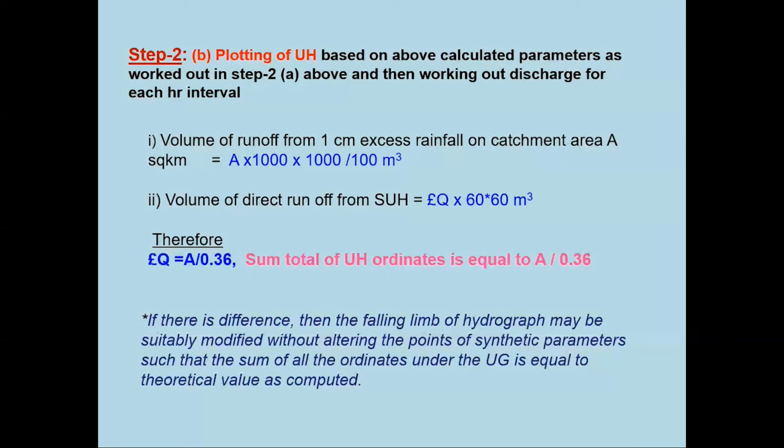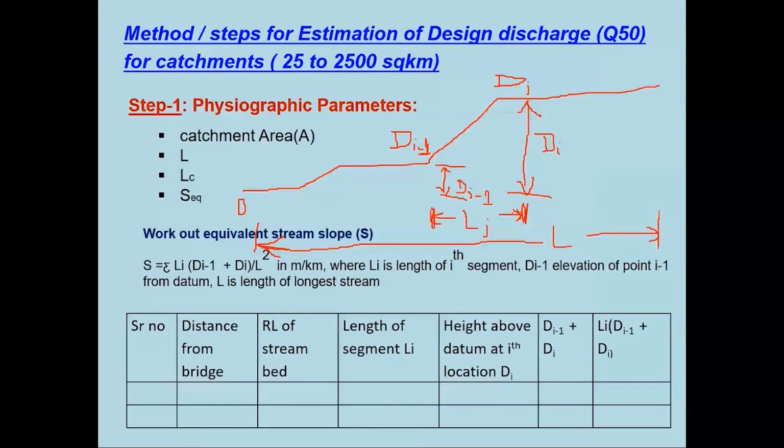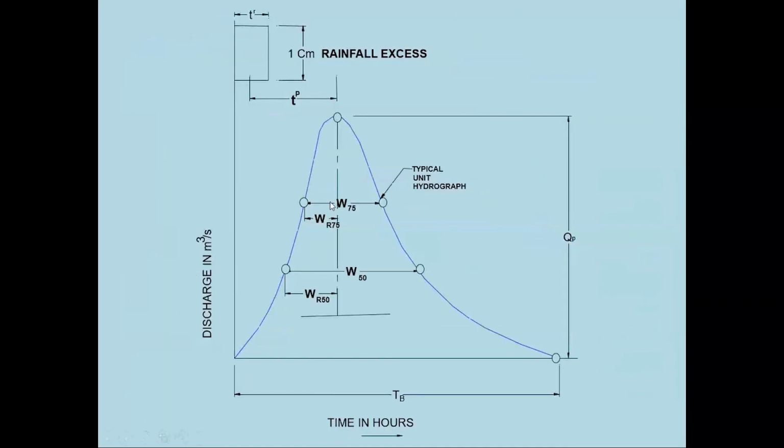And if I find that this is either more or less, or it is not matching, then I can change the unit hydrograph. That is, I can change the shape of the unit hydrograph, but generally the points are not changed. These points which are there are obligatory.